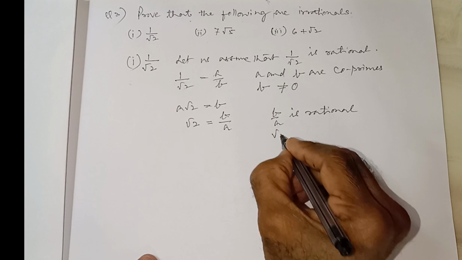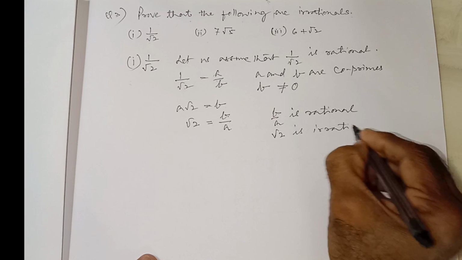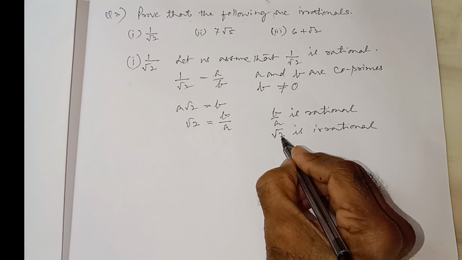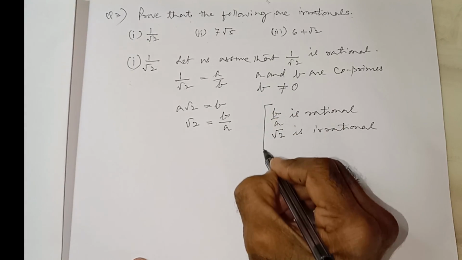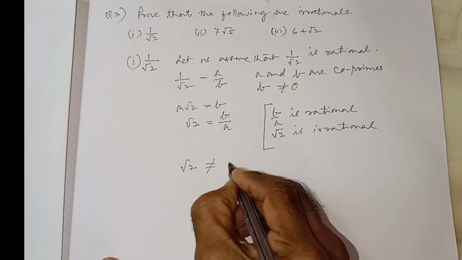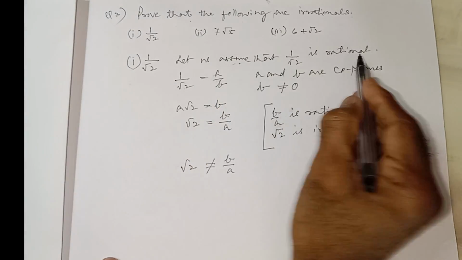We also know that root 2 is irrational. Root 2 is irrational because 2 is a prime number and its root is definitely irrational. These two are proved. Therefore, root 2 can never be equal to b by a. Our assumption is wrong.